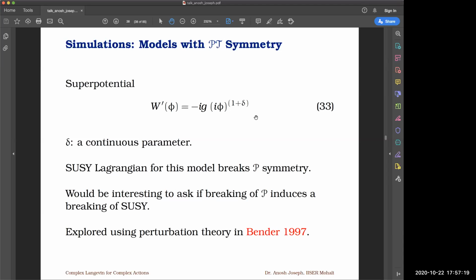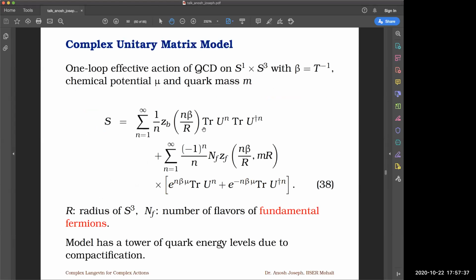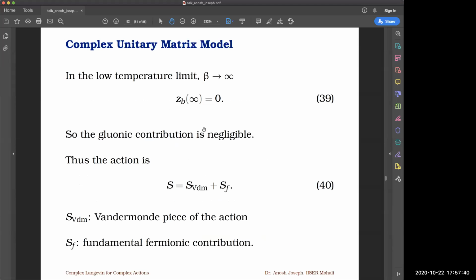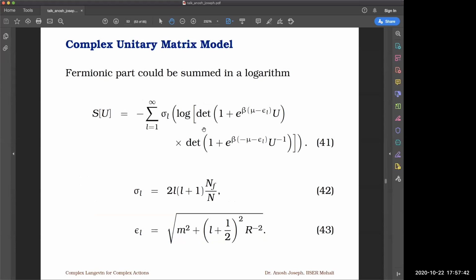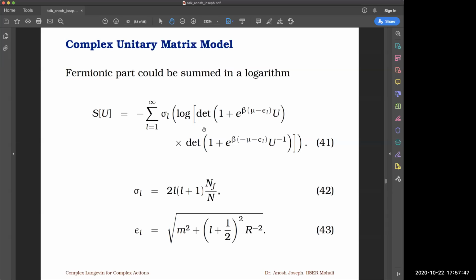Okay, thanks. Thanks also for the talk. That's very nice. Anosh, I had questions similar to Debashish's. If you go to the partition function you wrote for S1 cross S3, this seems very much like independent particles, right?